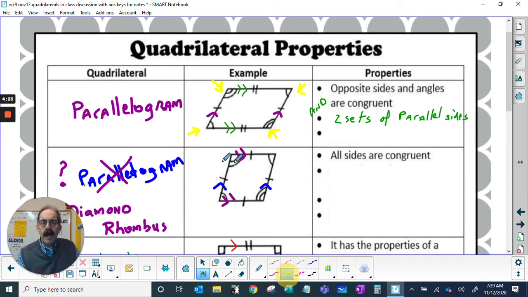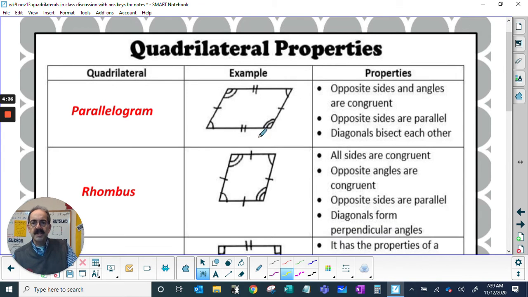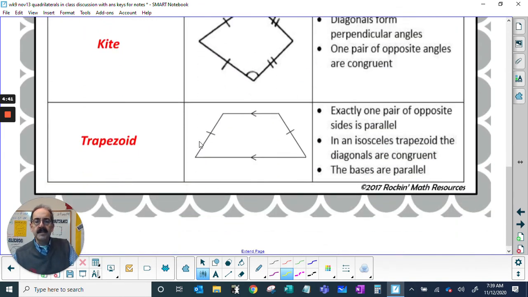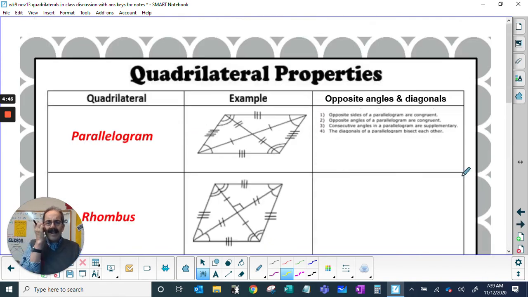Okay? And in order to do that, it's really helpful if we add the diagonals. Okay? So in your notes, you'll actually see the correct answers and the descriptors. All right? Now let's start adding diagonals. In a parallelogram, if I add the diagonal, okay, opposite sides of the parallelogram are congruent.